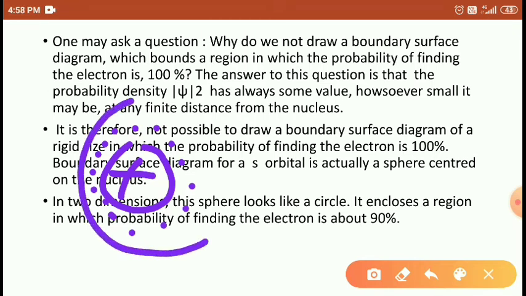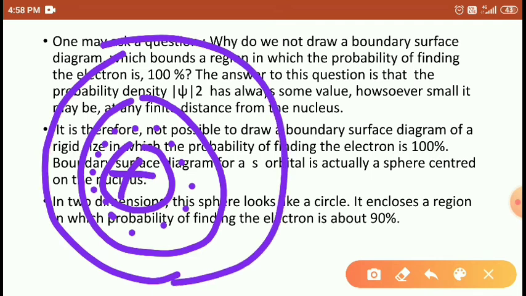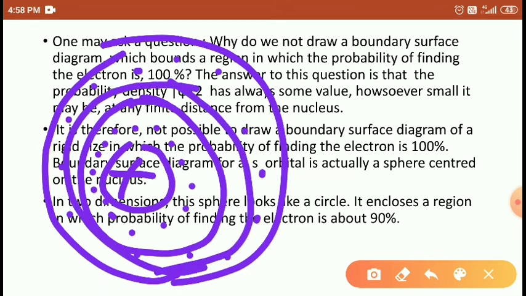So that's why we write a boundary surface, and the rest of the electrons are shifted to the next higher energy level. If we write the boundary surface, it means approximately 90% of electrons are available in the first region, and the rest of the electrons are available in the second region, right students?